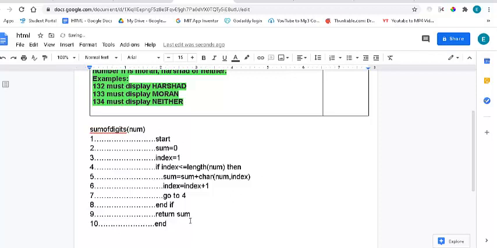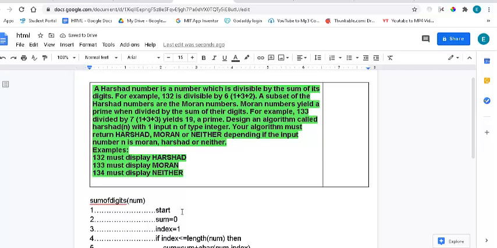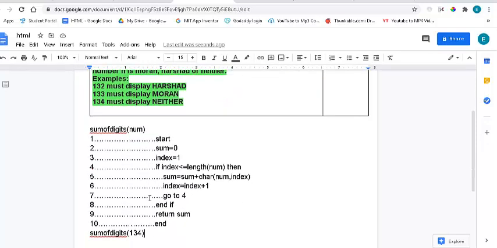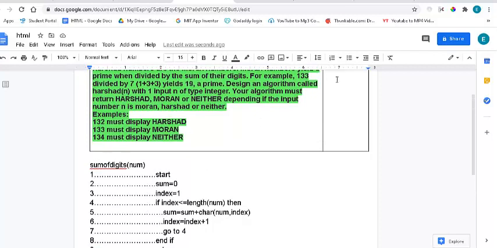Let's say we call sum of digits, let's say 134. So we go back here and we start with sum. When I call the algorithm with 134, sum becomes 0.